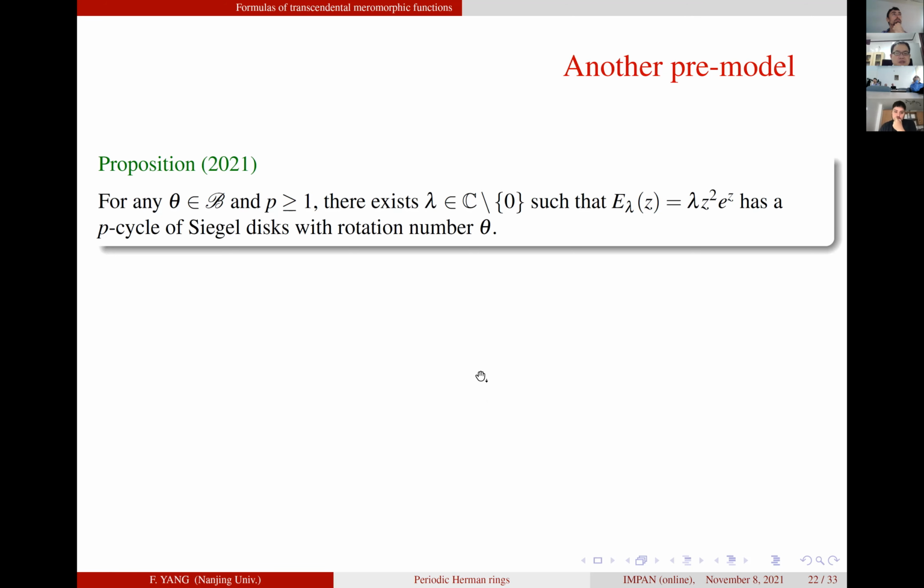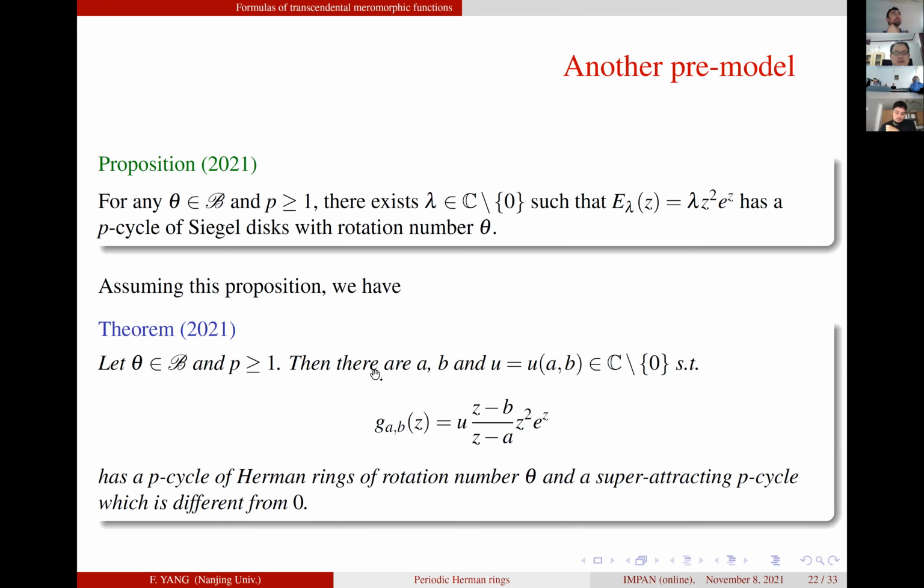Assuming this result, we can use quasi-conformal surgery to produce a family like this, such that it has a p-cycle of Herman rings of rotation number theta of Bernoulli type, and a super-attracting p-cycle which is different from 0.